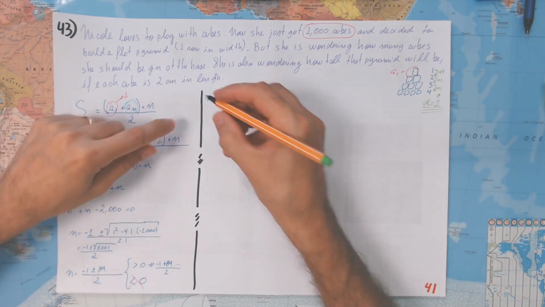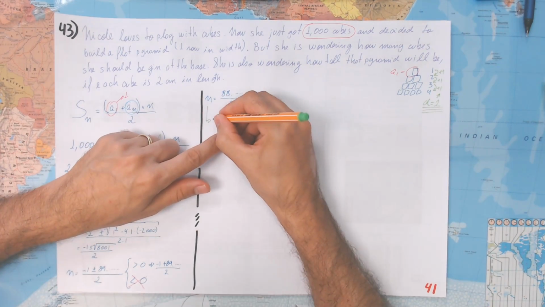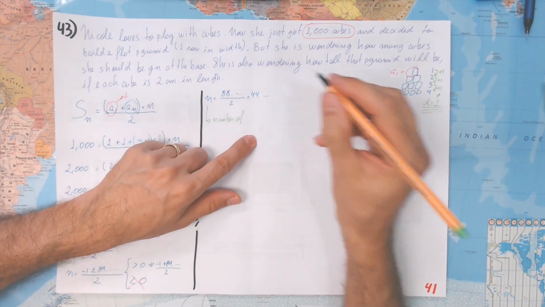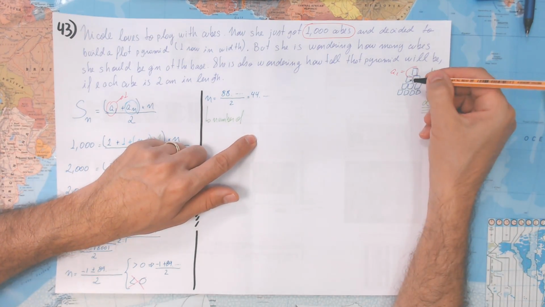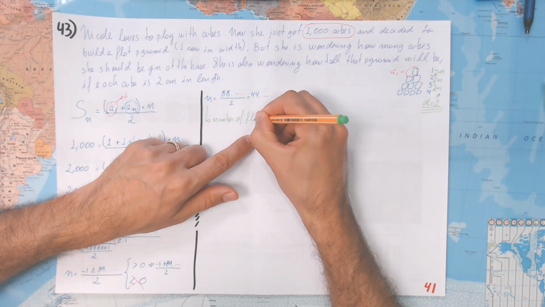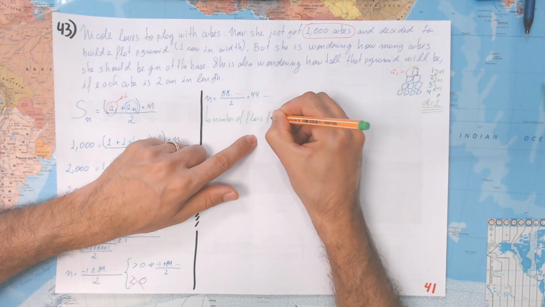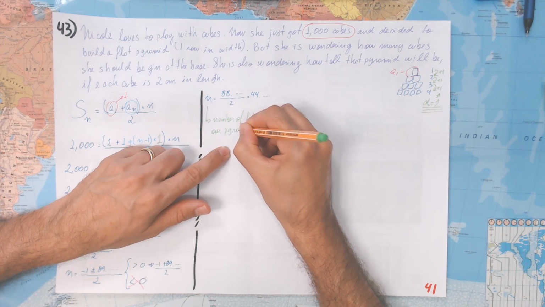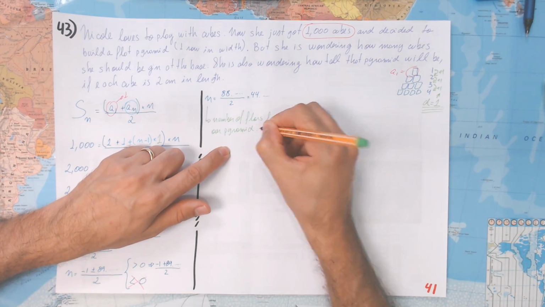What is n? n is the number of floors for our pyramids. Okay?